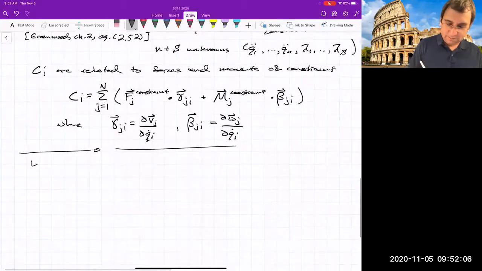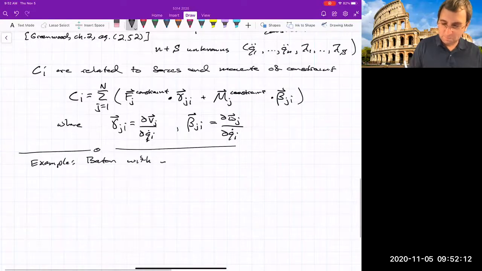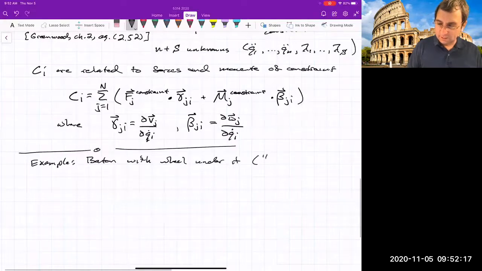Let's do an example. This is the baton with the wheel under it, or it's kind of like a stick figure shopping cart.